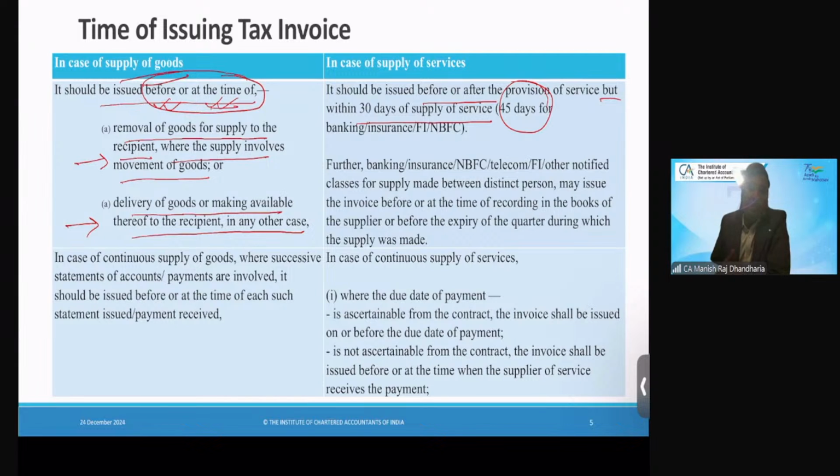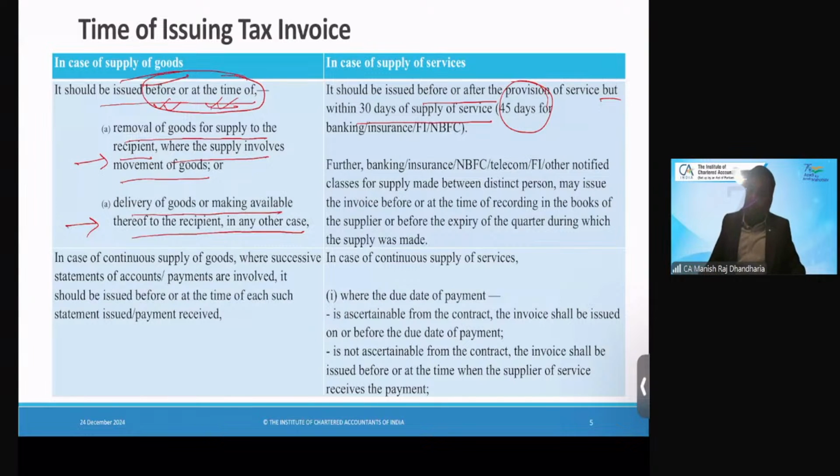Distinct person. Say for example, there is one person whose business is located in 5 different states. He is making supply from 5 different states. So in that case, he has to take 5 registrations in different states, और वो 5 registrations को हम लोग क्या बोलेंगे? Distinct person बोलेंगे.